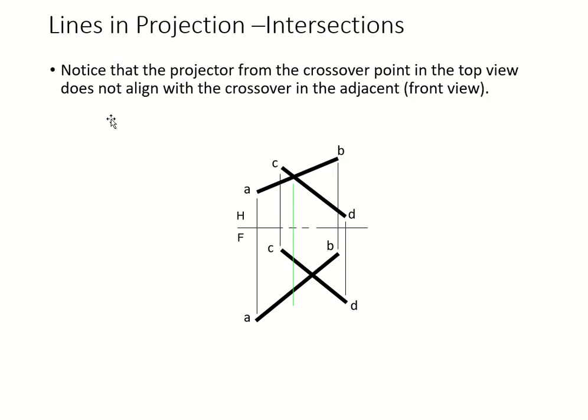Then we draw the projector, this little green line right here, from this crossover point. We have no idea if that's an intersection or just a crossover, but we call it a point between A, B and C, D on the top view. We draw straight down, perpendicular to the fold line.